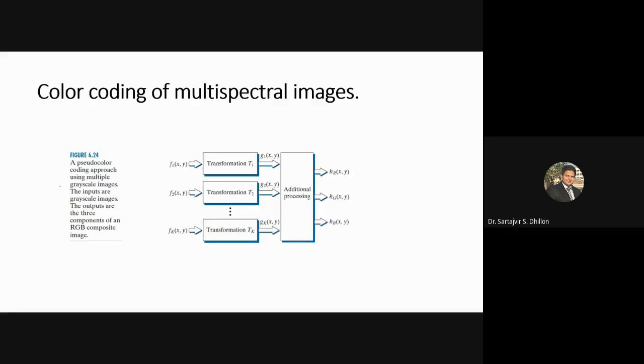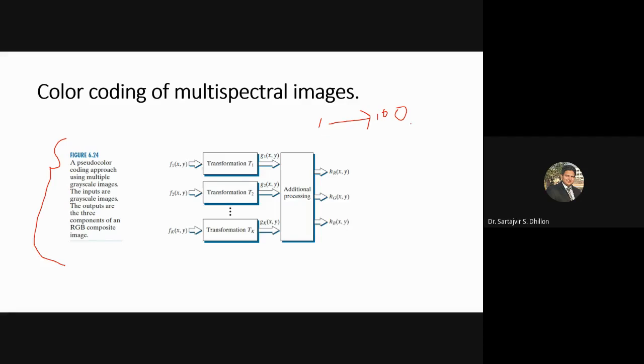Now again, your entire concept is repeating, and this is color coding for multispectral images. Multispectral images are, in some cases, mostly in satellite images, where we use more than three bands. Multispectral means the possible bands lie between 1 and 100. There can be 100 different bands, and at a time you can see only three bands, and you can select accordingly.